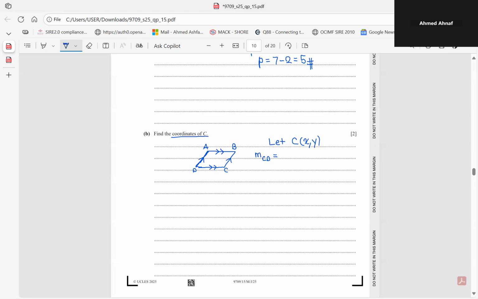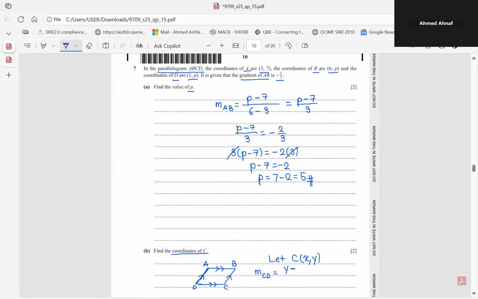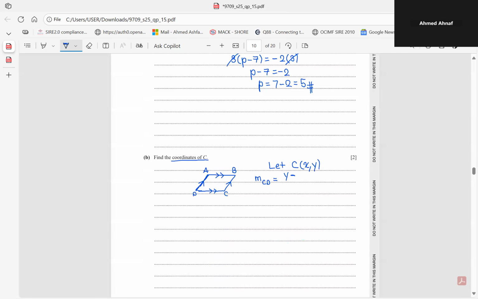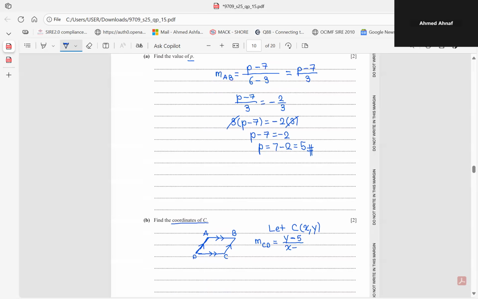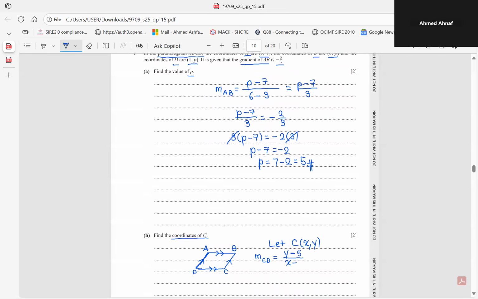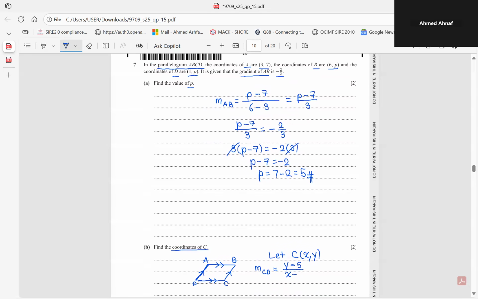That would be the y coordinate of C, which is y, minus the y coordinate of D, which is P, that is 5, over x minus 1.